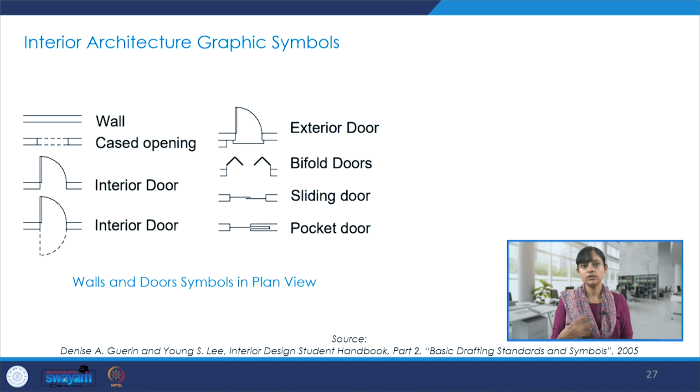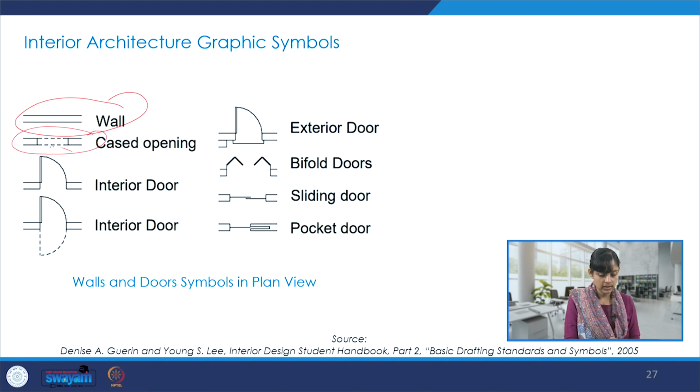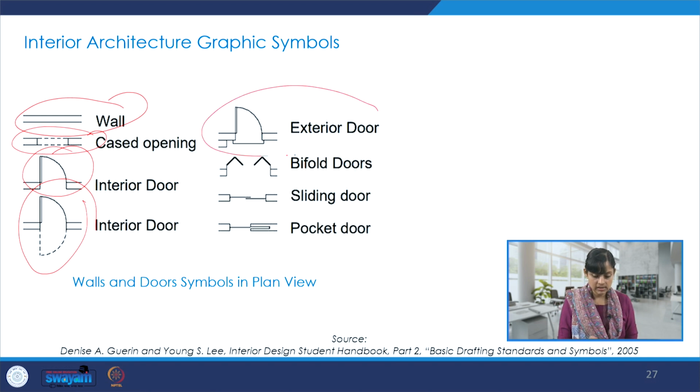We also have interior architecture graphic symbols, how we show a wall, or a cased opening, an interior door, again with the dotted lines showing the direction. And then there is this exterior door over here. You can see the difference, this versus this.